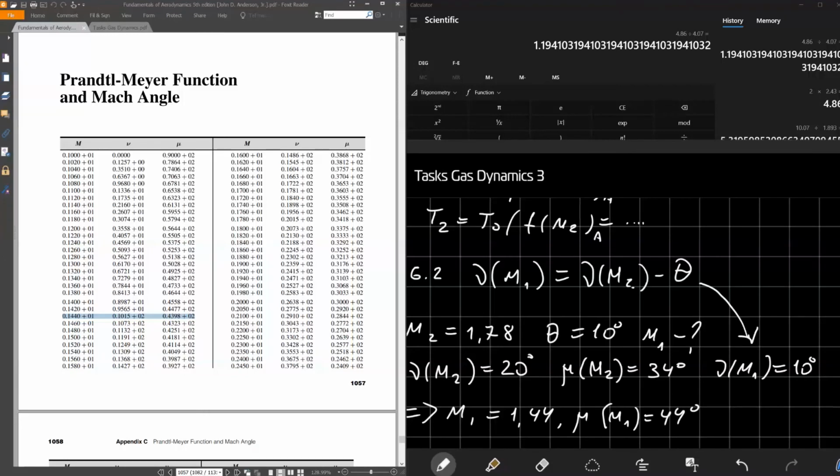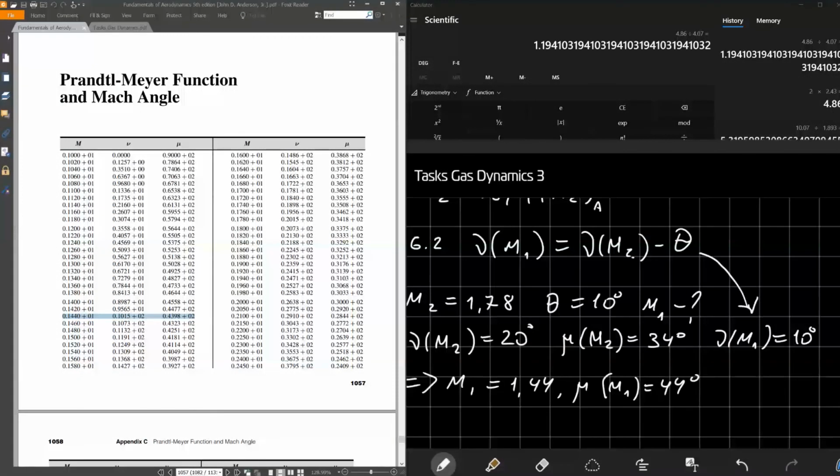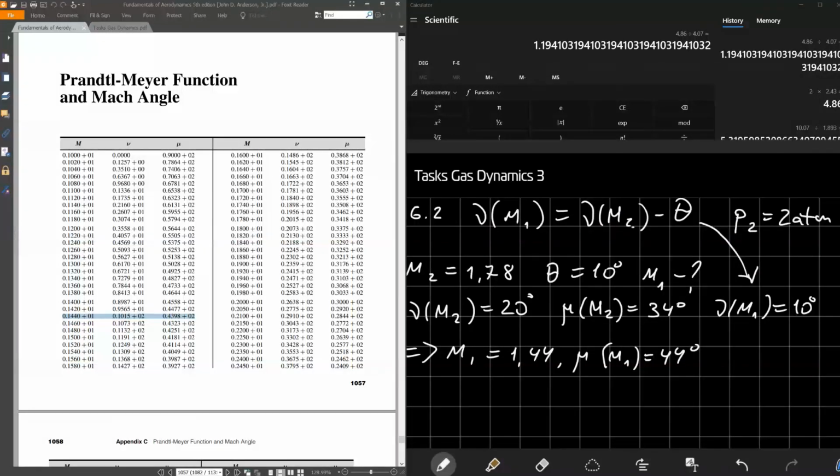And that's it, basically. If you would like to receive some thermodynamic flow property, for example, pressure or temperature, you can also do this calculation in absolutely the same way as we had in example 6.1. For example, P2 is 2 atm. I just repeat the formula, but I will not do the calculation because it's absolutely the same calculation.